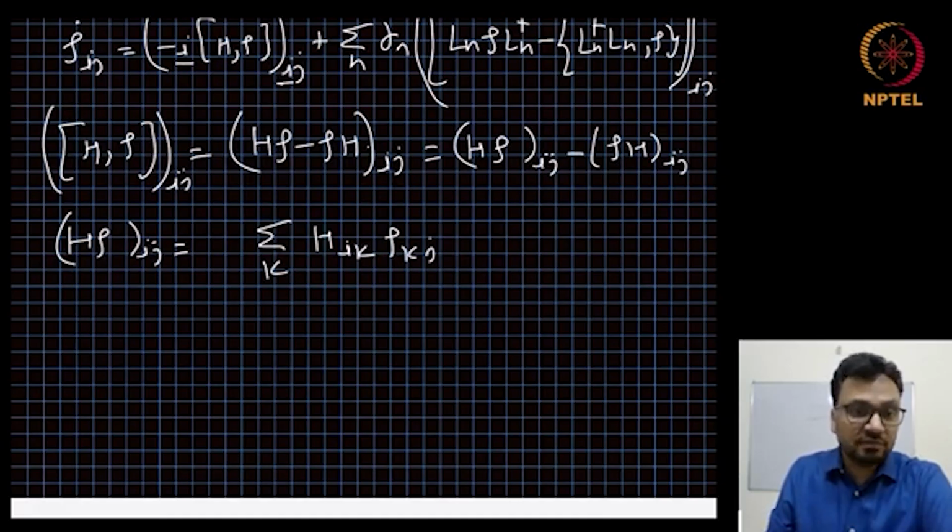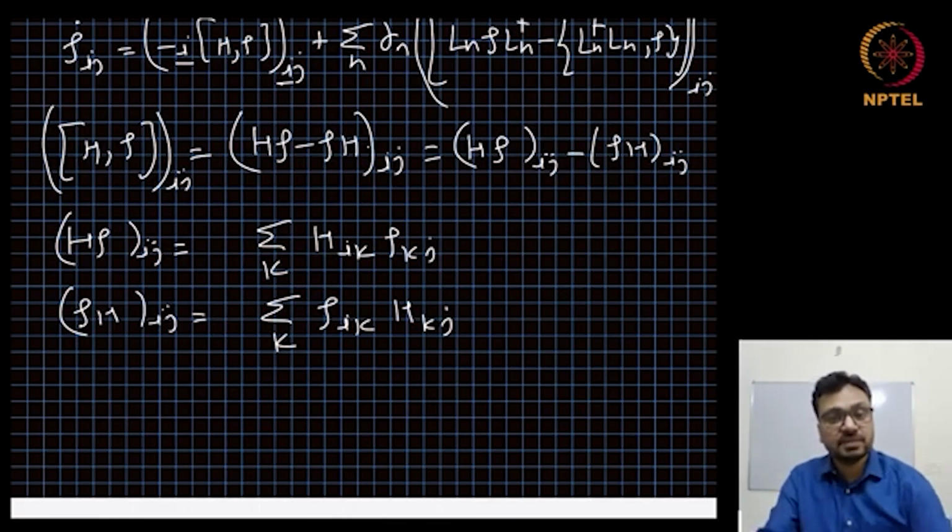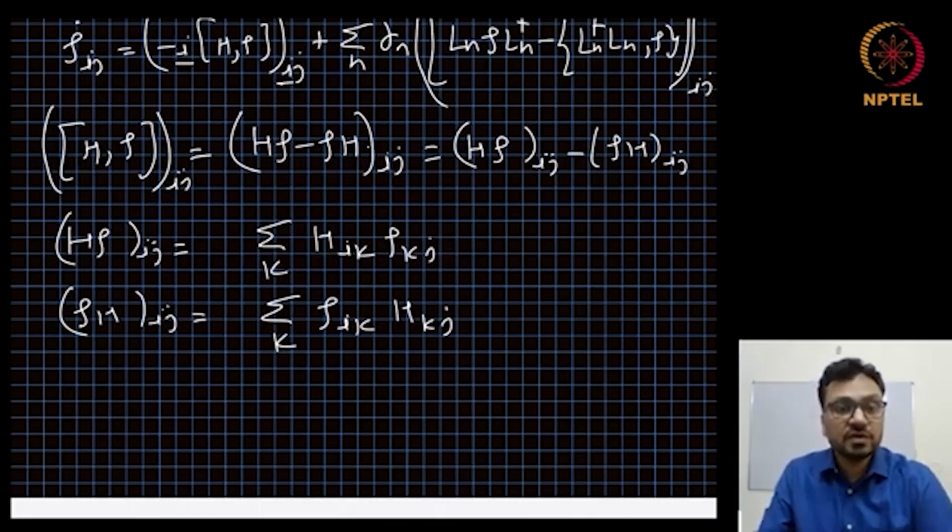This is the definition of the ijth element of the product of two matrices. Similarly, the ij element of ρH is the sum over k of ρik hkj. We have used the same definition, just that the position of ρ and H has changed.